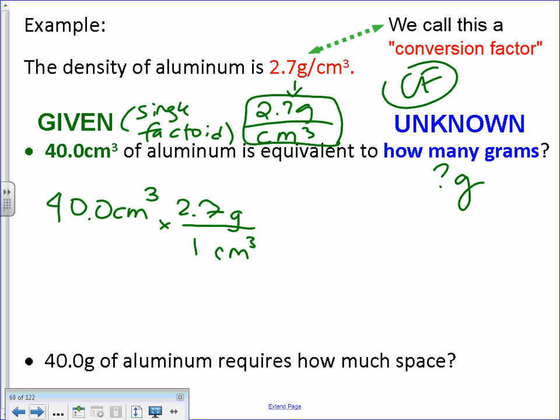So I'm writing it as is, and that's going to serve its purpose to convert. I convert to grams by canceling centimeters cubed on top and centimeters cubed on bottom. So what's 40 times 2.7? Calculator, be an active participant here, okay? If not, you get sleepy. 108, right. So it's 108 grams. How many sig figs should this one have? 2 sig figs, so round it to 2 sig figs.